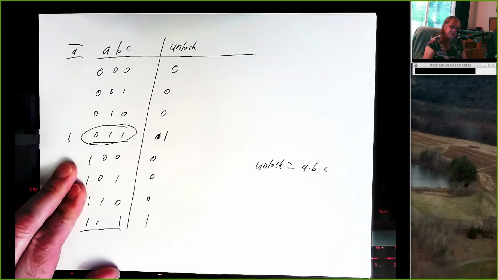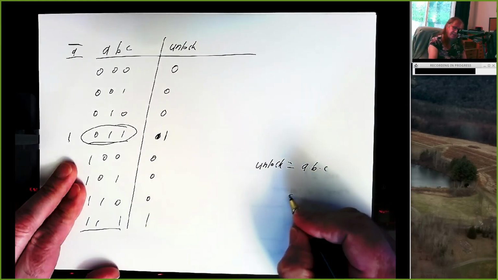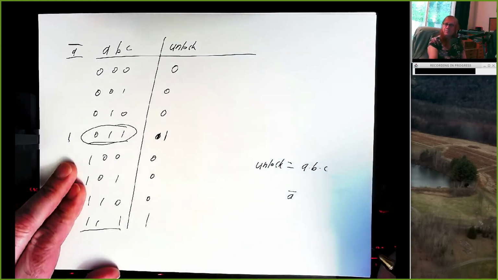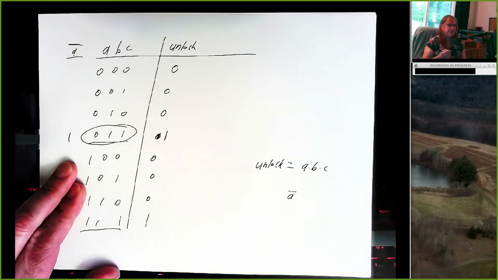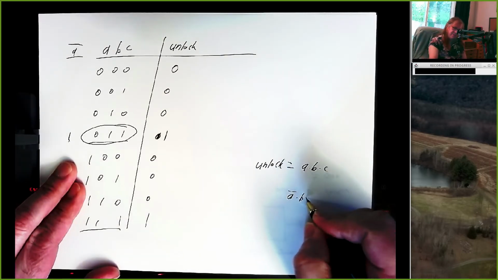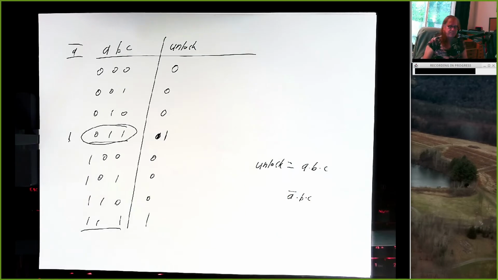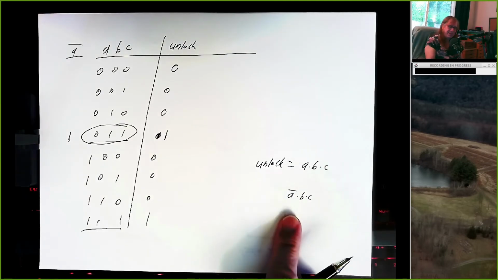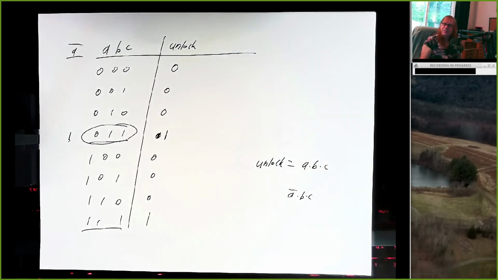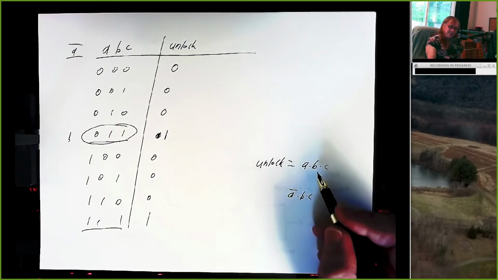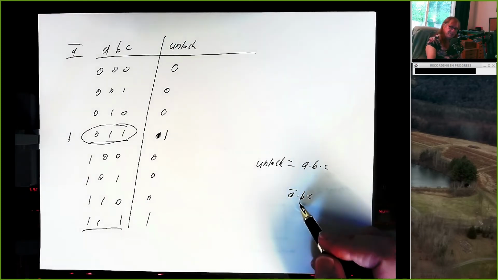And so we also want to unlock when A is a 0, and so A bar means not A, and B is a 1, and C is a 1. And so this should unlock, this should unlock. So the final unlock signal from our circuit should be true when this is true or when this is true.